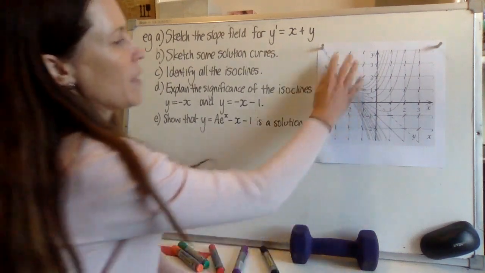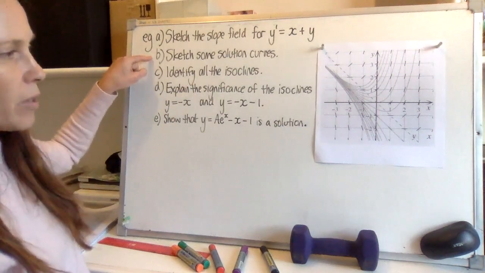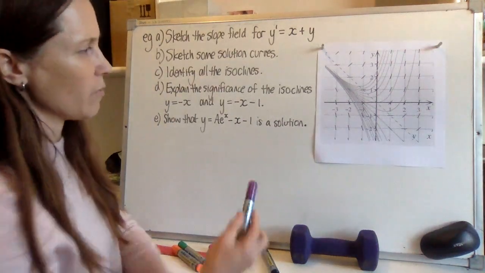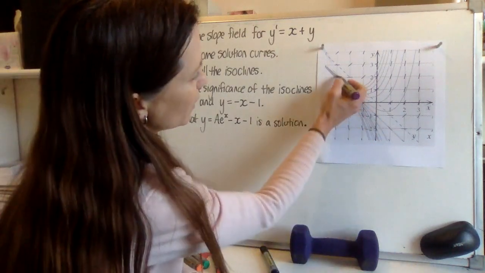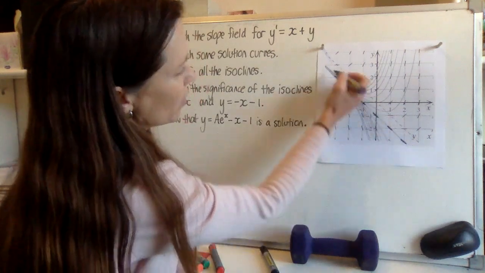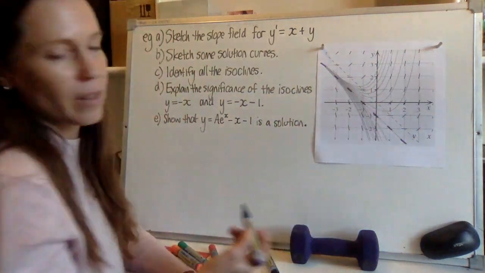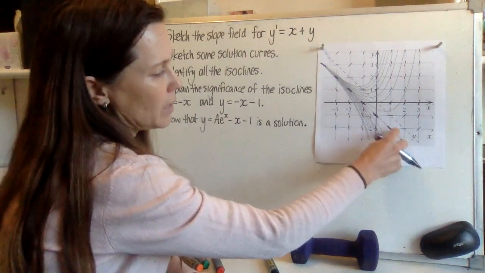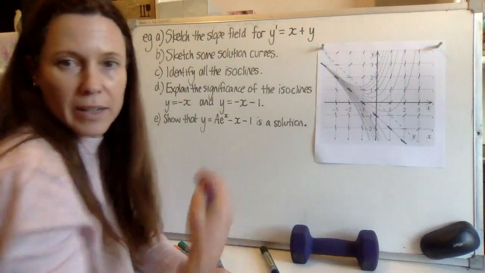Now, why do we get this sort of shape, and what exactly is going on? Well, sketching some solution curves, this has already been done for us, but we can see here that the main feature of this special solution is the fact that the gradient of the line segments is the same as the gradient of the isocline itself.